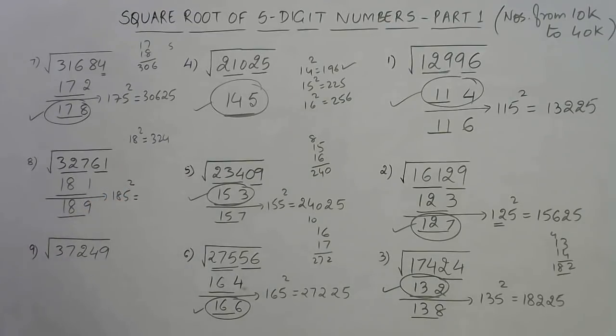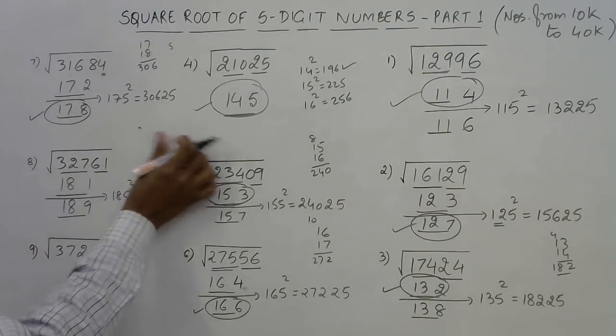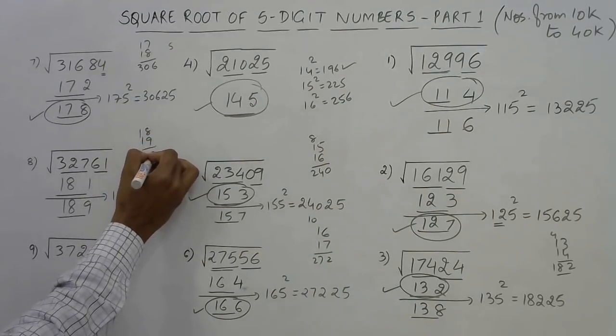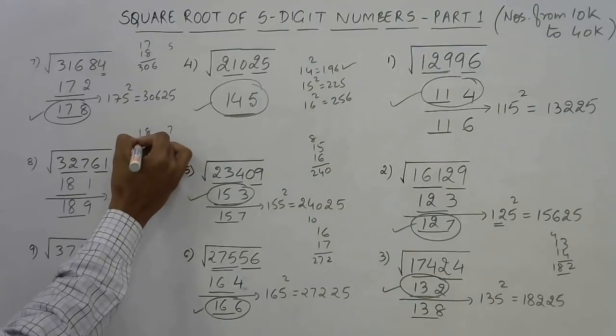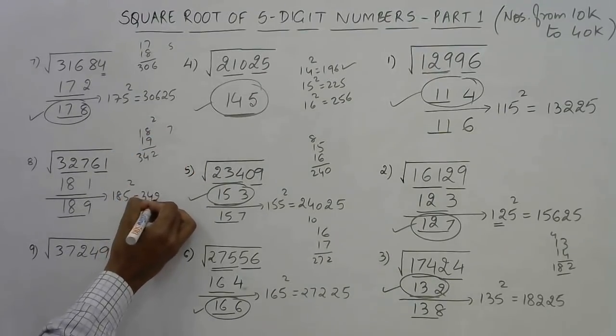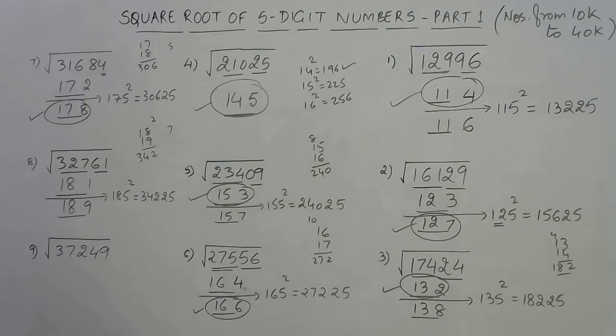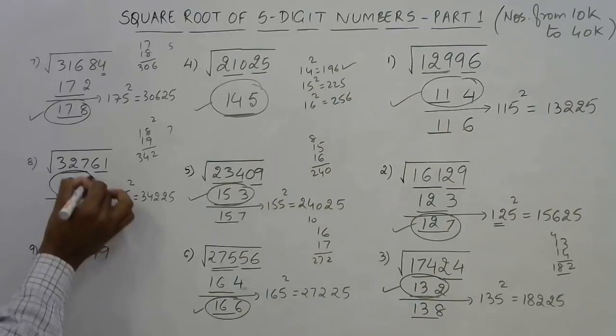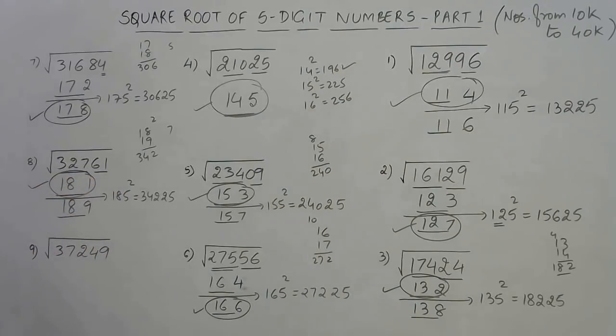How do you find the square of 185? Multiply 18 by 19. So 9 times 8 is 72. 9 plus 8 is 17, plus 7 is 24. 342 and then ending with 25. Compare these two numbers. This is smaller. So our answer is the smaller one, 181.